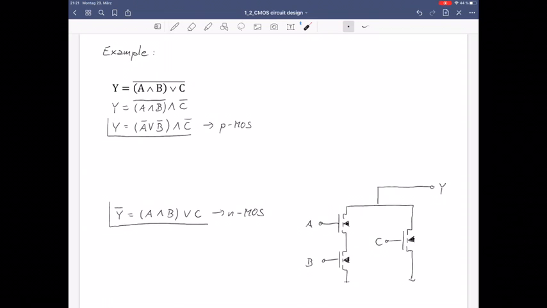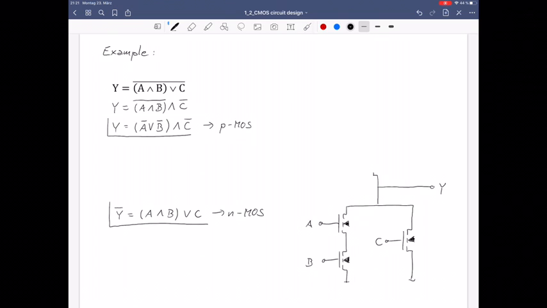To do this, we have to look at the equation for the PMOS block, which tells us that we have a connection between the variables A and B with an OR, which is equivalent to a parallel connection, and this part of the circuit is connected by a series connection with the input C. So I can start drawing the circuit right away.